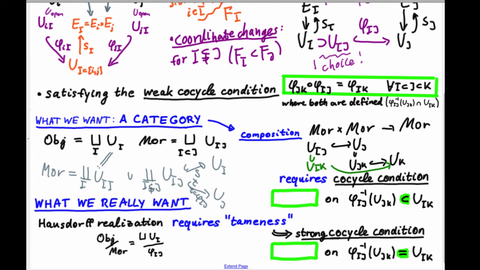So in order for composition to be a well-defined operation on my category, I need the composed map to be defined whenever the two single ones can be composed. The left-hand side makes sense if I'm in the pre-image of U_jk, and so the condition for this to even be a category is for this pre-image to lie in the domain of phi_ik. That's the honest cocycle condition that gives us a category.